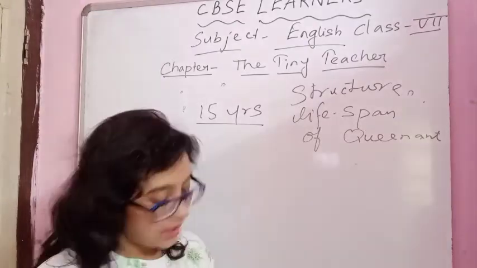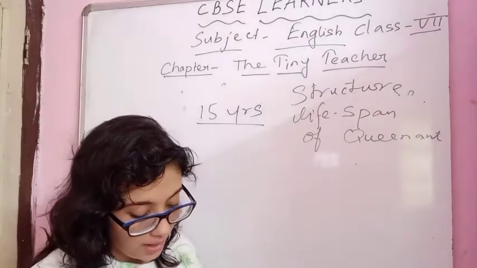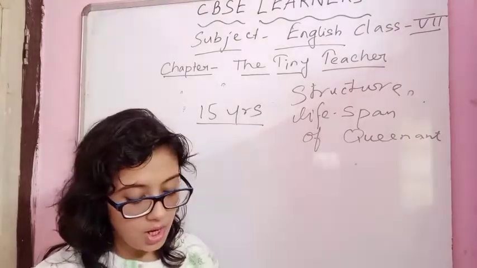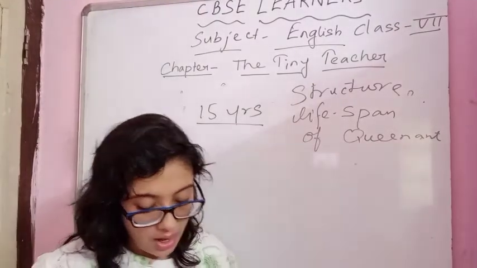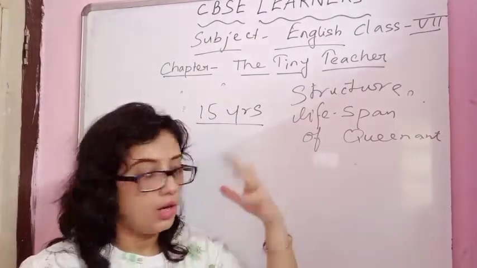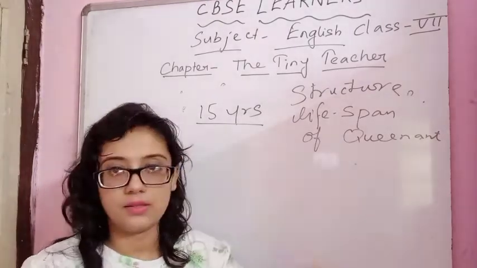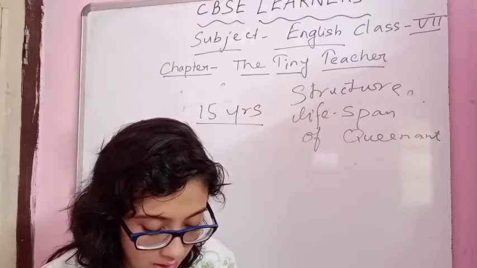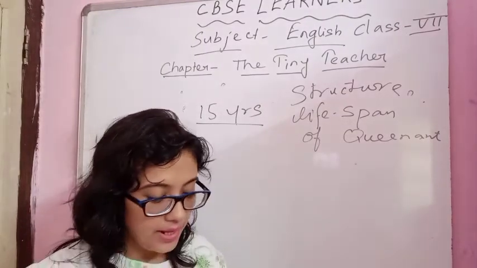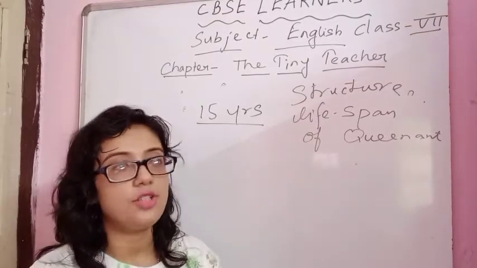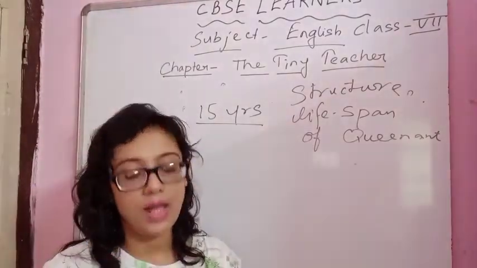Now, what she does is, it has a pair of wings, and after her wedding or marriage, she bites off the wings. Okay. Now, this flight takes place on a hot summer day, when she is married.